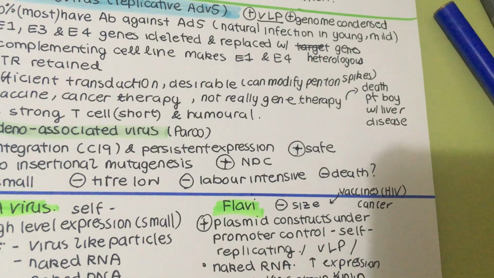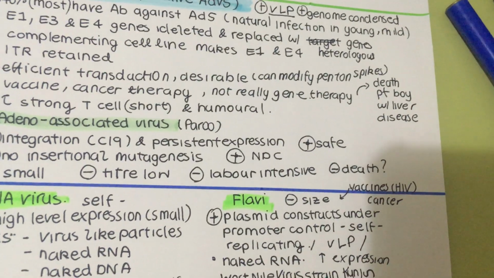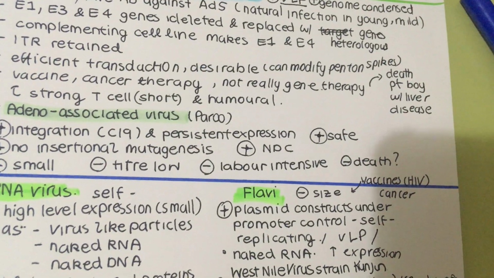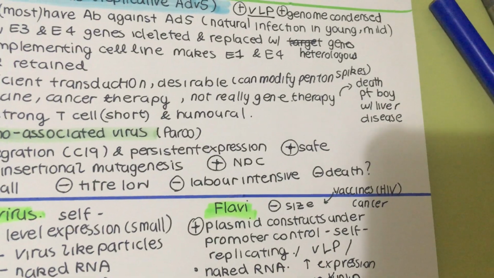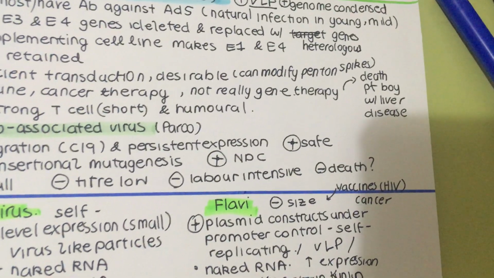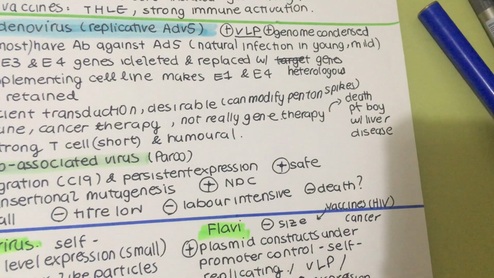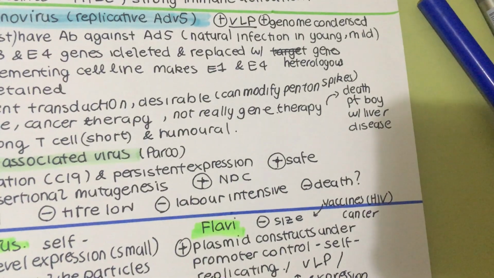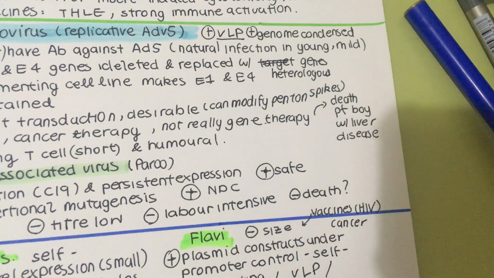And plus, they can replicate very quickly given their small size, producing virus-like particles, naked DNA or RNA, which can be used to infect cells. And the example we looked at is the West Nile virus, and this one is good because it has been shown to be used for some vaccines and cancer therapy.